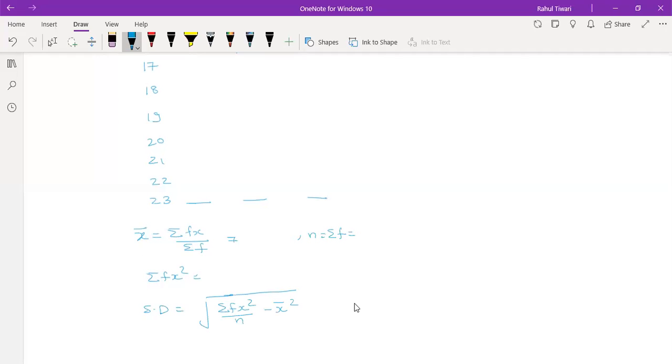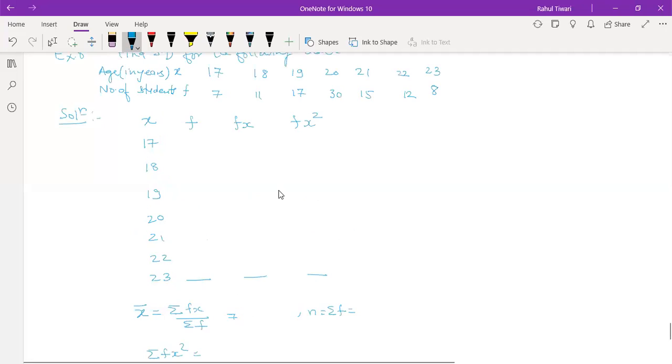This is a very simple type of problem where you just have to do the multiplication and get the answers. It will not take much time doing the calculations.